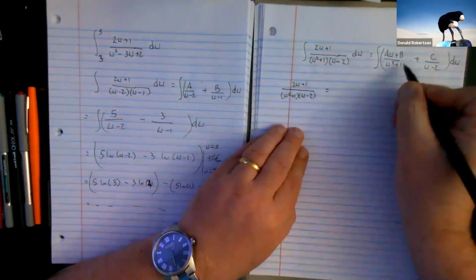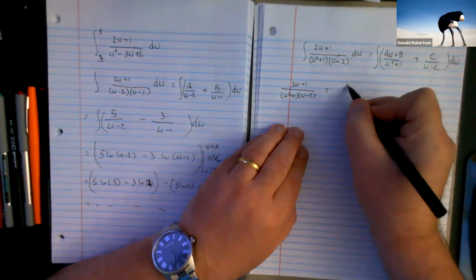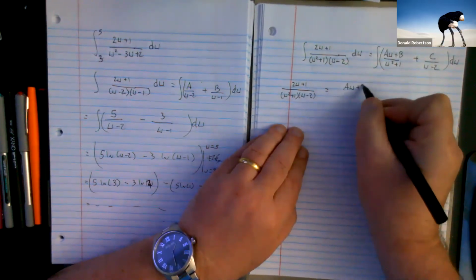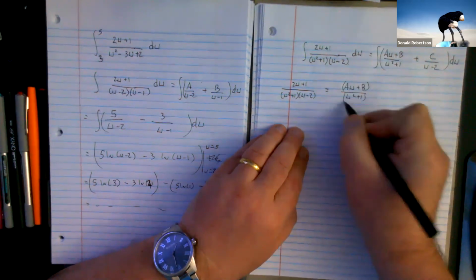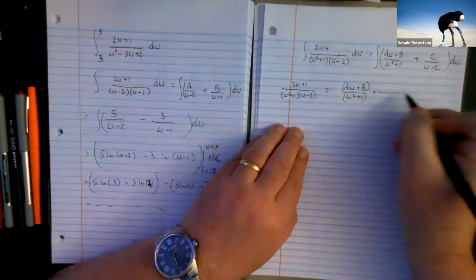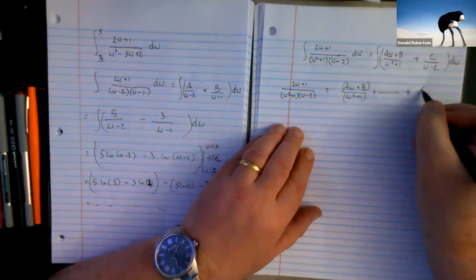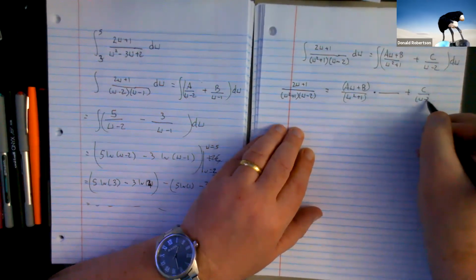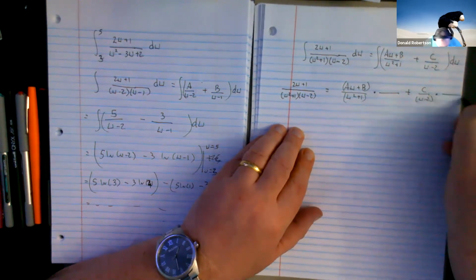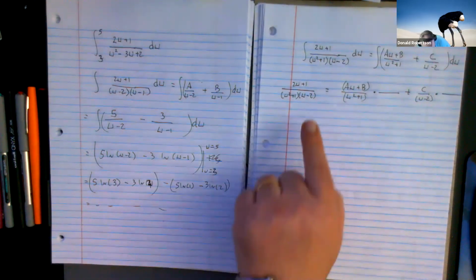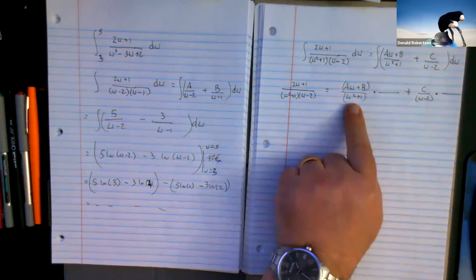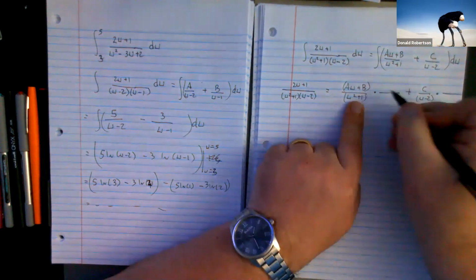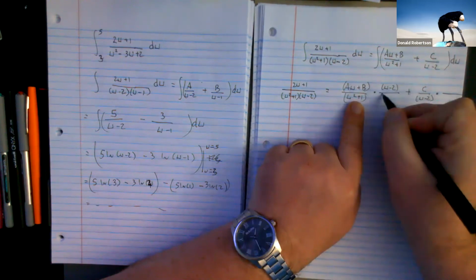I need to take these two guys and I need to join them back together again. So there's the first one. And I'm going to multiply it by a special version of 1. And here's the second guy. And I'm going to multiply it by a special version of 1. And I want to add these two fractions together, so they need to share a common denominator. So this one, I choose that version of 1.